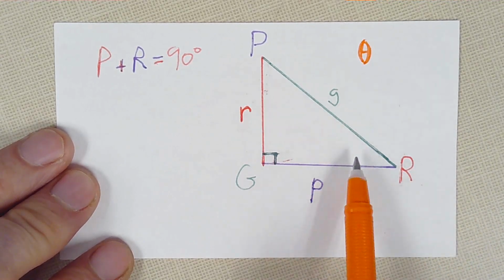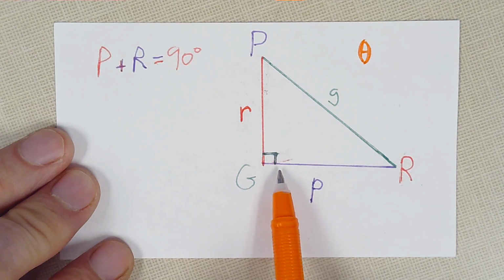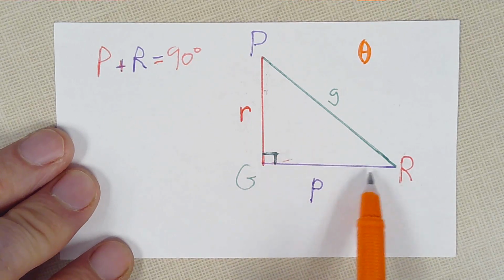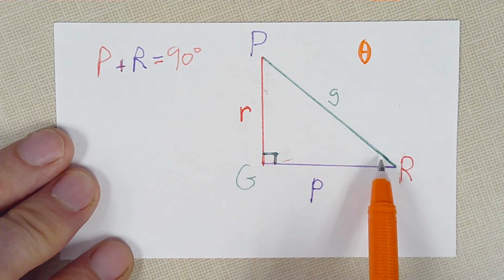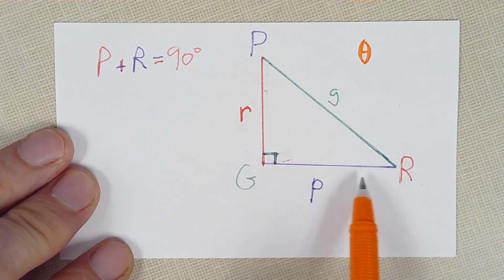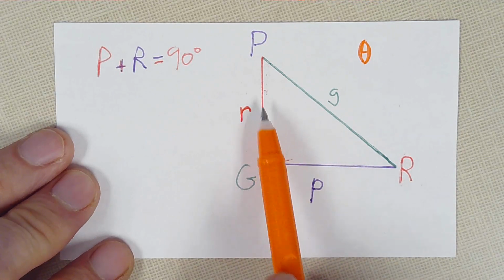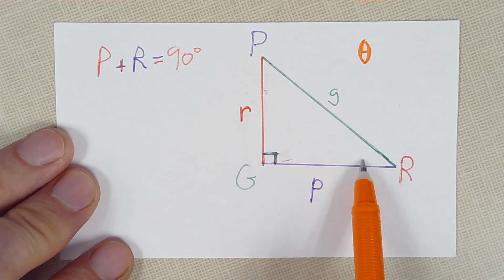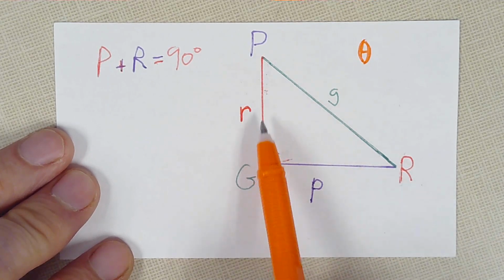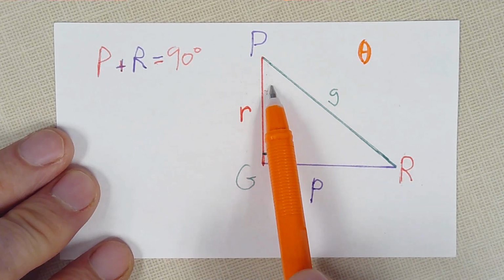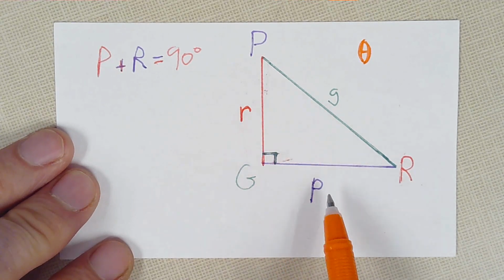So if this is theta, the hypotenuse joins the adjacent. In this case, if this was theta, G is the hypotenuse joining with line segment P to make up theta. And R is the opposite. If this was theta, the hypotenuse would join R to make up theta, and this would be the adjacent, and this would be the opposite.